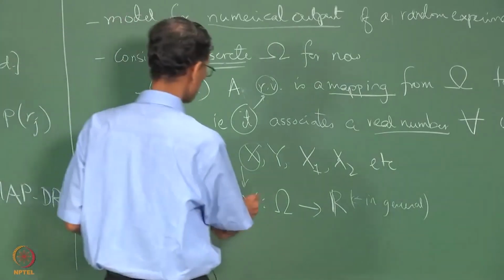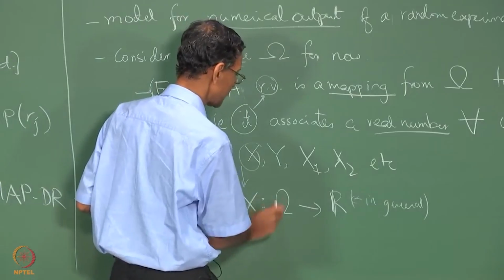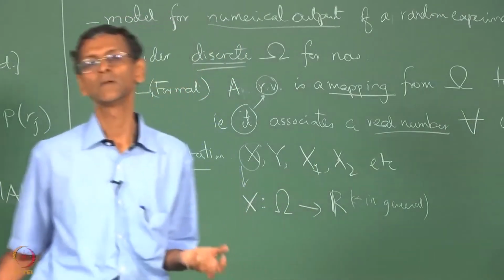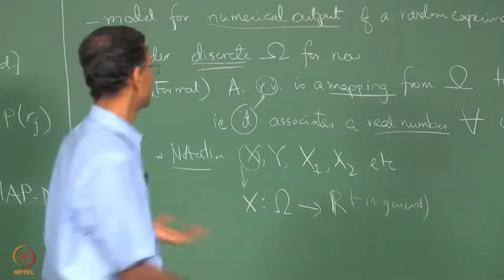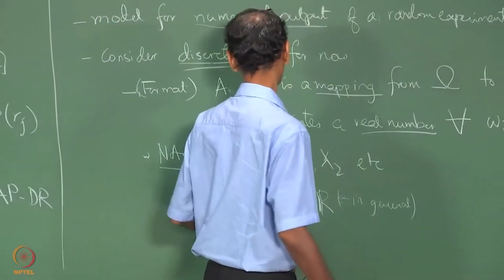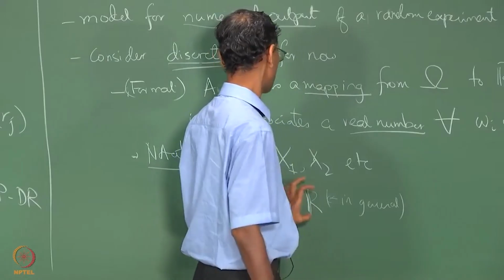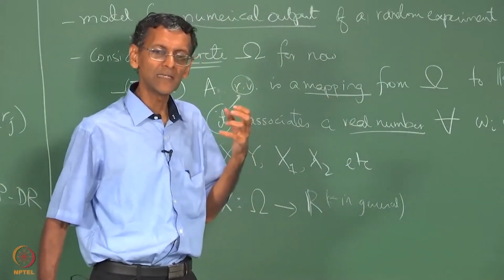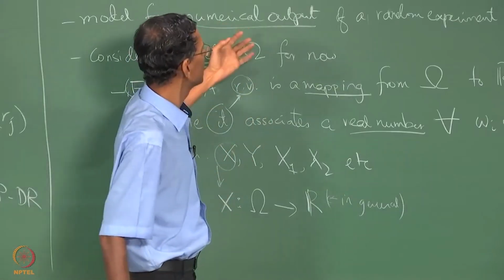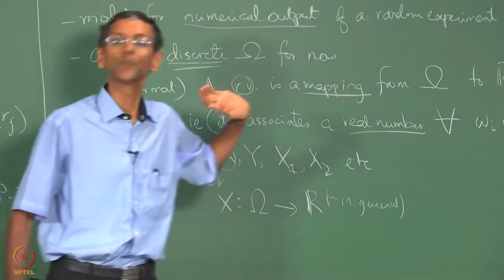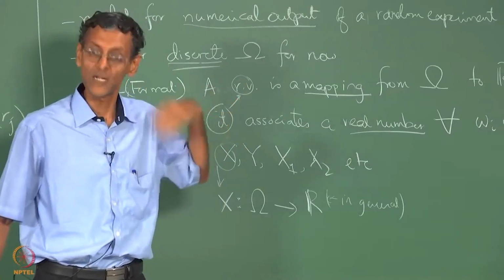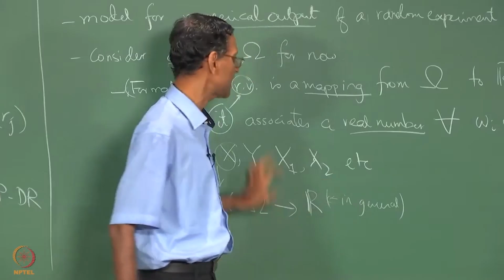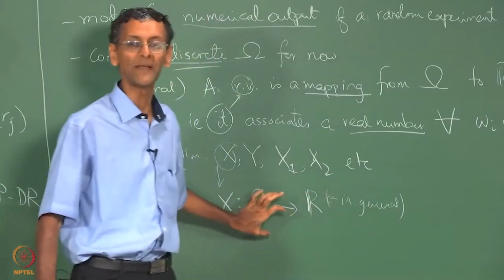But this mapping notation is very important. The argument of the random variable is always the omega for that experiment, the sample space of the experiment. And so you should look at the output of the random variable as a number. The random variable is just a name that refers to any of the possible outputs from some set, a set that has to be defined carefully based on all the mappings that you have.